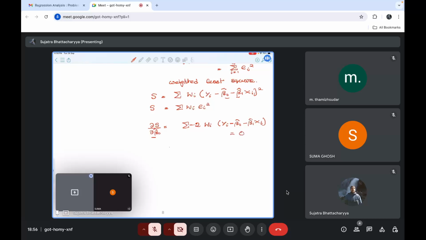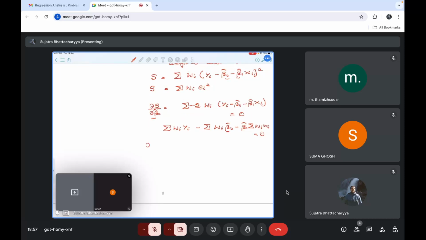Based on that, we get one equation: summation Wi Yi minus beta naught hat summation Wi minus beta 1 hat summation Wi xi equals 0. Beta naught hat you can keep outside the summation. Another equation is delta S by delta beta 1 hat, which should also be equal to 0.